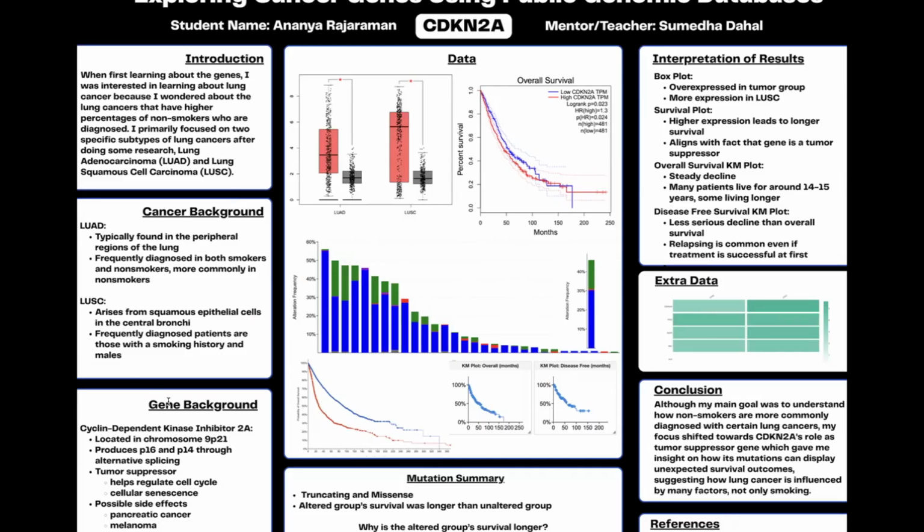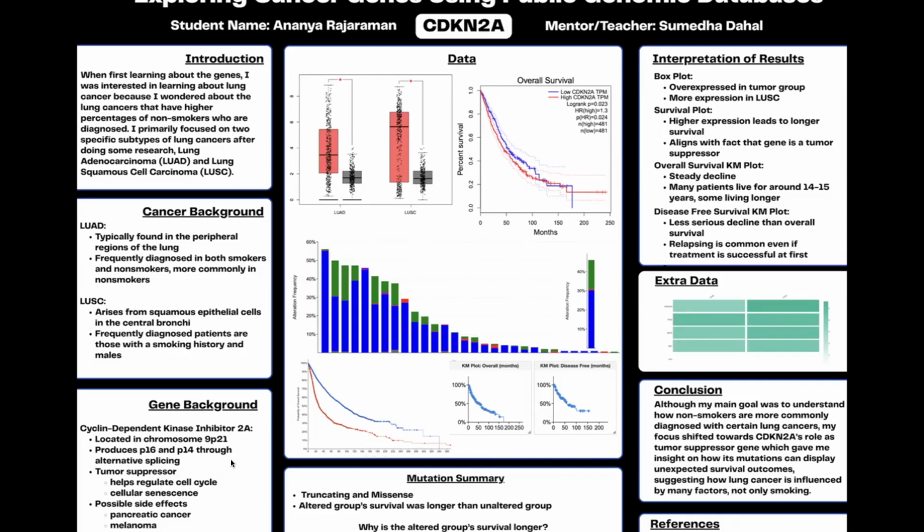So a little bit of background on the gene that I researched. The full name is cyclin-dependent kinase inhibitor 2A. This gene is located in chromosome 9p21, and through its process, it produces two different types of protein, which are P16 and P14, through a process called alternative splicing.